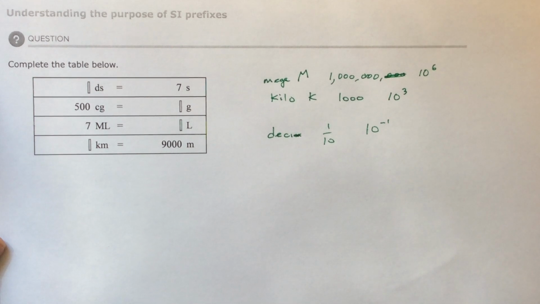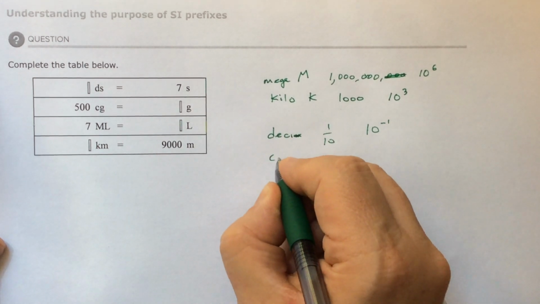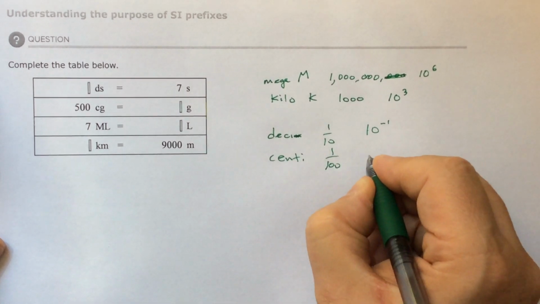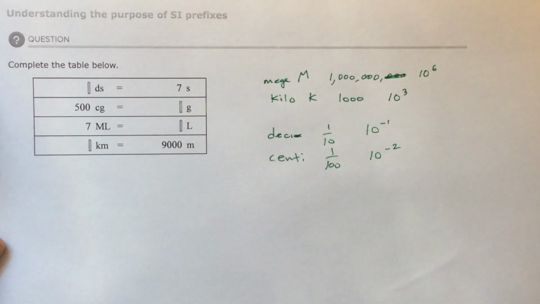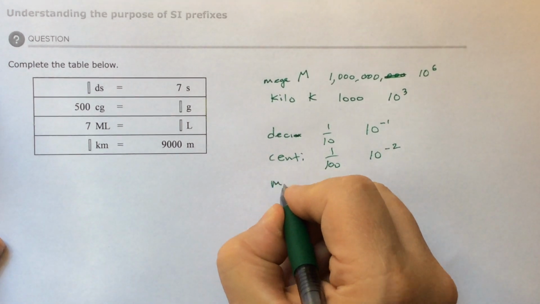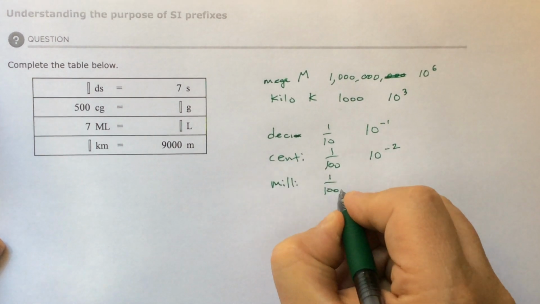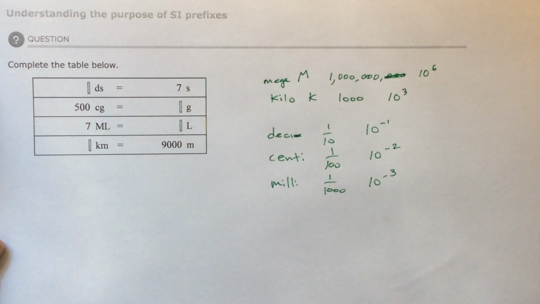Going down to centi, it's 1 divided by 100, which is 10 to the -2. And the one you use often, milli, like a millimeter, is 1 divided by 1,000, which is 10 to the -3.